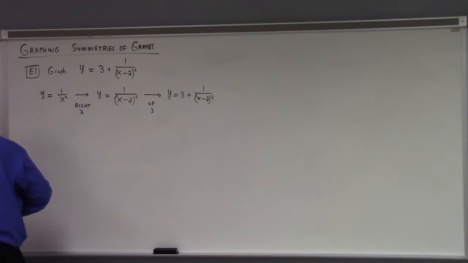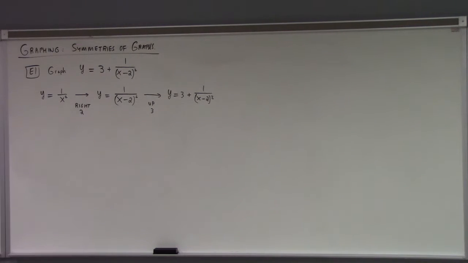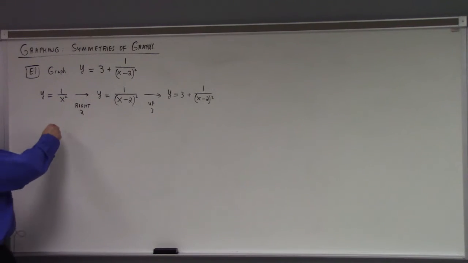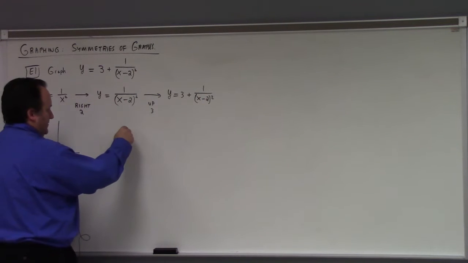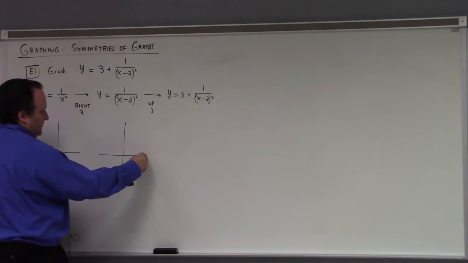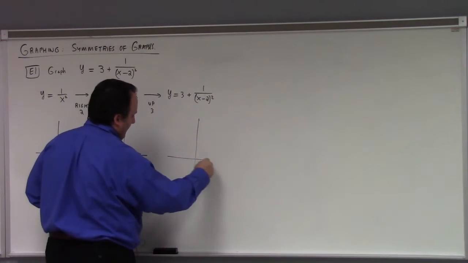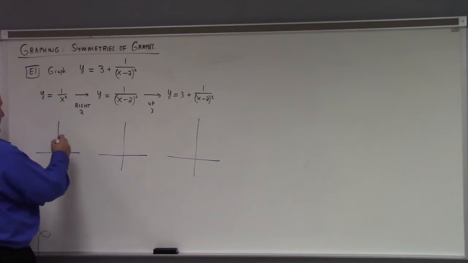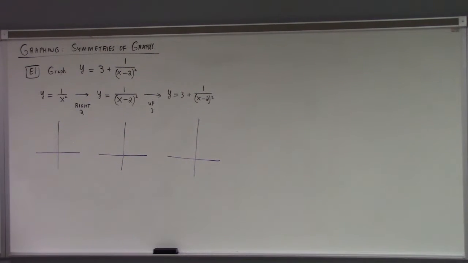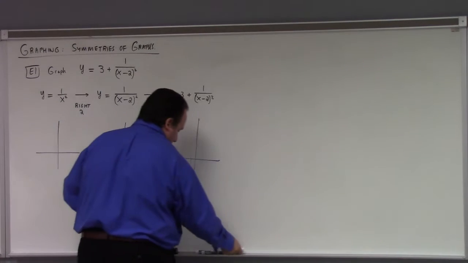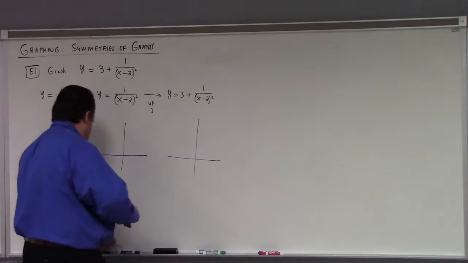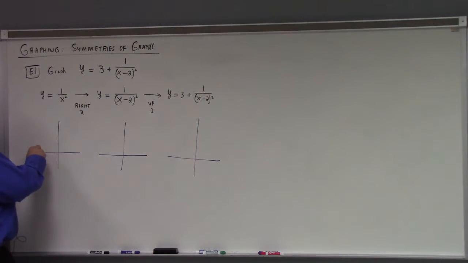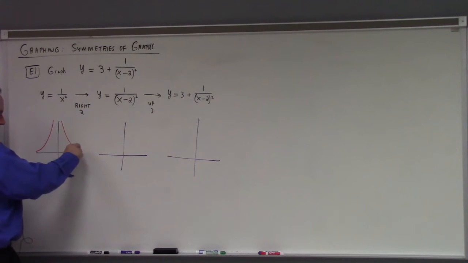I'll draw a picture for each one of these steps. So I basically have the volcano graph to start with, right?